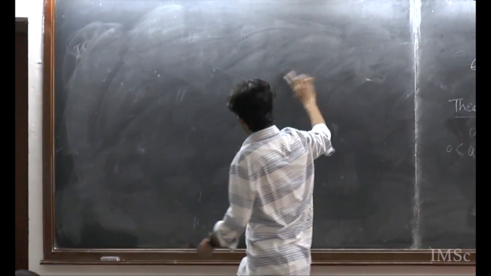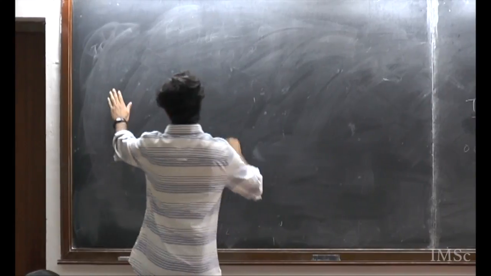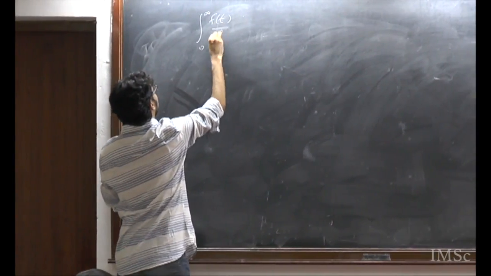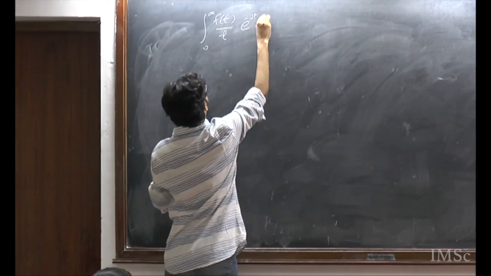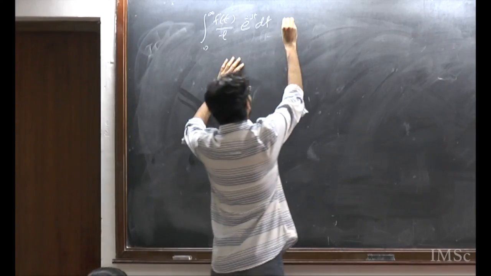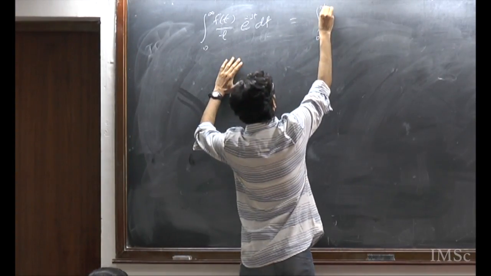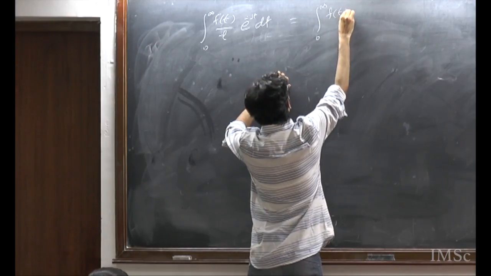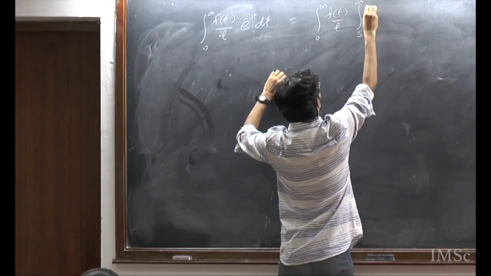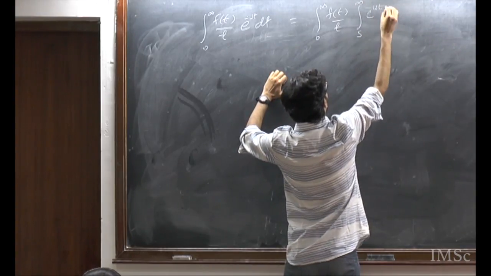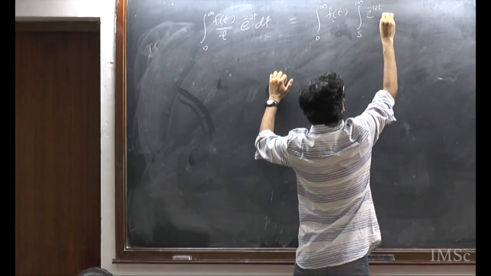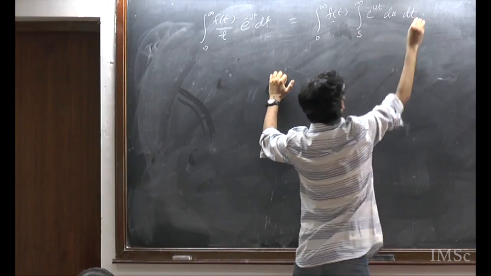So since we were doing this integration of f(t)/t times e to the minus st dt, this was the Laplace transform that we started out with, and we wrote it as an integral 0 to infinity f(t) over t, integral s to infinity e to the minus ut du dt.